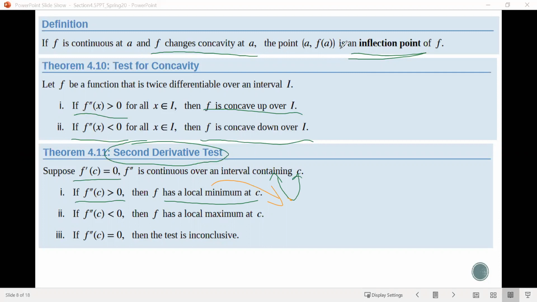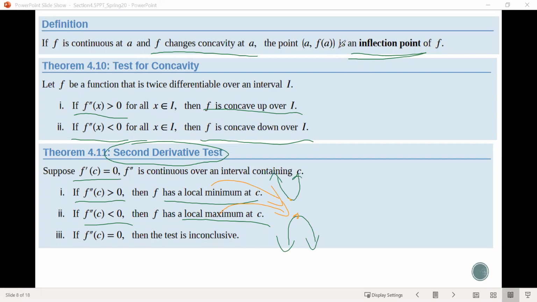If the value of the second derivative there is less than 0, then we know we have a local max, which again, thinking about it, if the value of the second derivative is less than 0, that means we're looking at concave down. We also know we're talking about a critical point here, so we know it's going to be a local extrema, so that's how we know this is a local max.